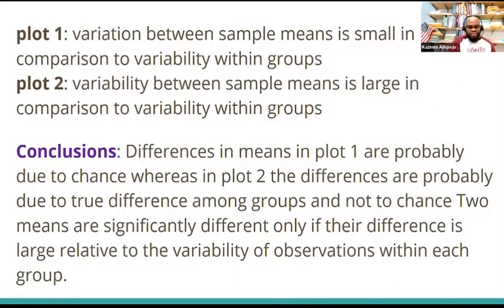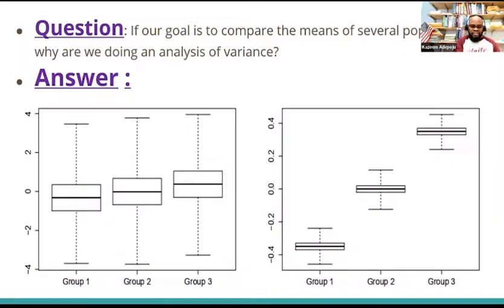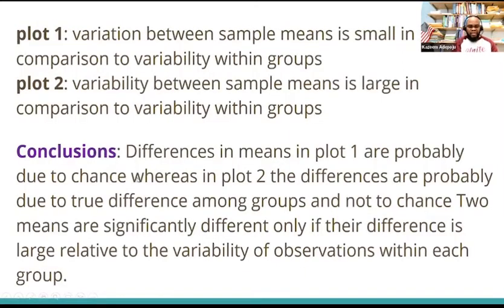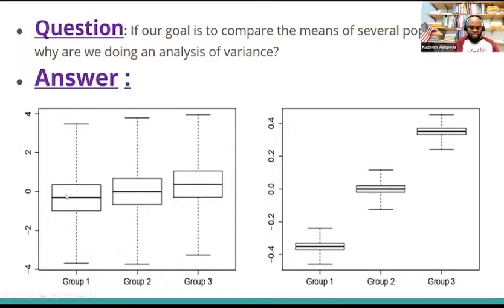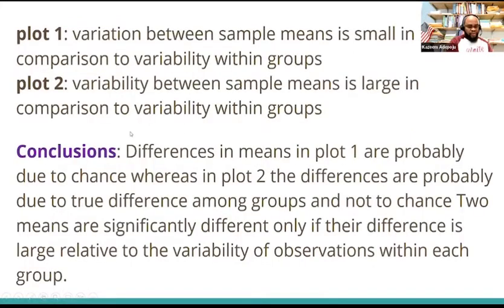And of course, this is the observation of what we notice in part 1 and part 2. If you take a look at this one here, the variation between sample means is small compared to the variability within groups. In part 2, the variability between sample means is large in comparison to the variability within groups.